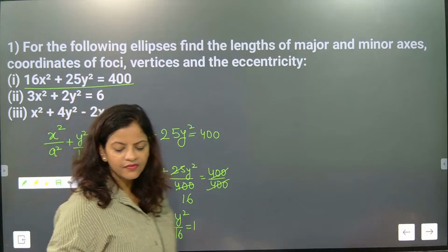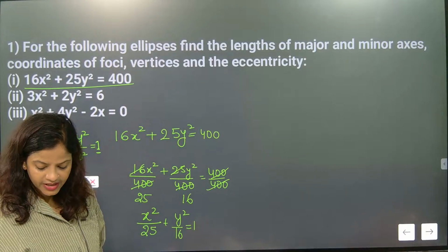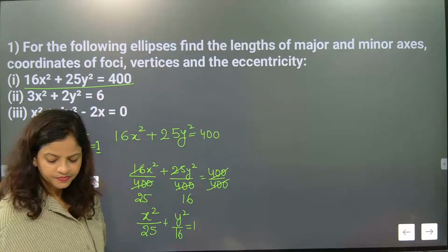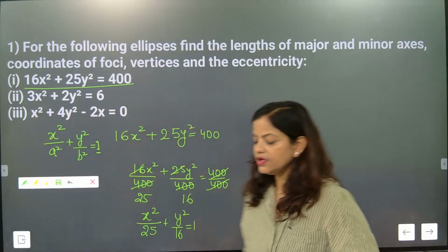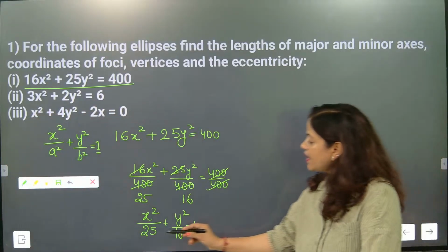Understood. Once you have written till here, the next work you need to do is find a and b.